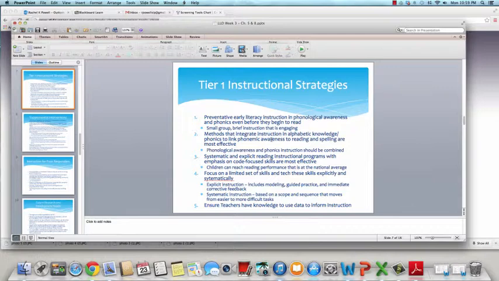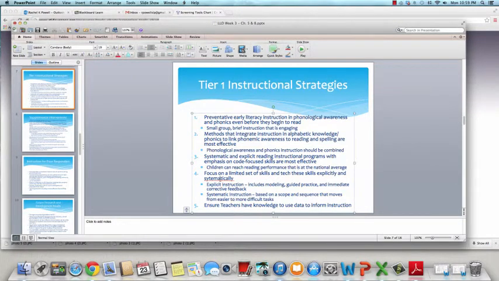Number 2, principle of Tier 1 instructional strategies: methods that integrate instruction in alphabetic knowledge and phonics to link phonemic awareness to reading and spelling are most effective. So the phonological awareness skill that you're teaching, say maybe it is initial sound fluency, first sound identification, you link that skill into your lesson on words that start with the letter M and with the sound.